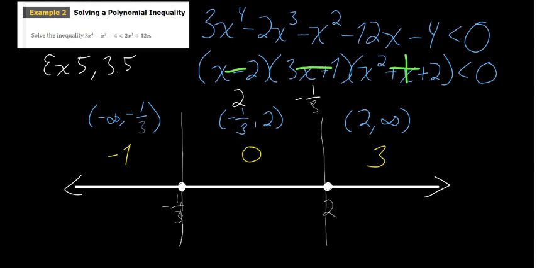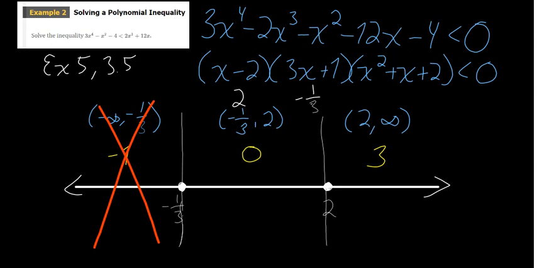This time I'm wanting things to be negative, right? Because it's a less than 0. So if I had a negative times a negative got me a positive, and that positive times a positive got me a positive. Well, a positive is not less than 0. So I would say that this interval does not work.